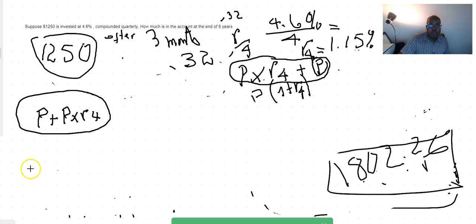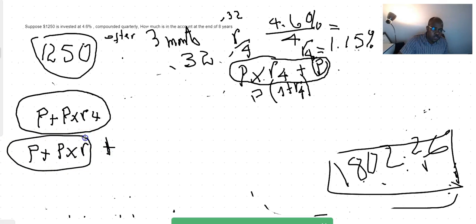That's why when I compute, I start with a new capital, which is this one. That's the capital I have now, plus the interest on this new capital. So my amount now is going to be P plus PR times R.